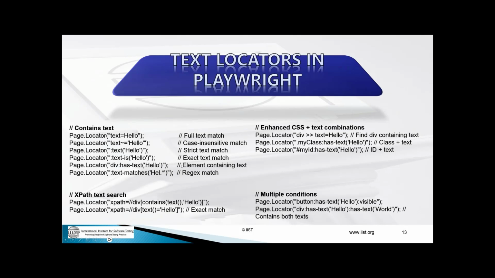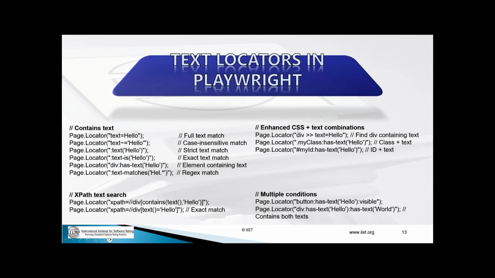You can do string text, strict and exact text matches. You can really augment how you can find your elements, including using regular expressions. So you can just find any word that starts with HEL, and a period to match any character and a star to match that any character as many times as possible.